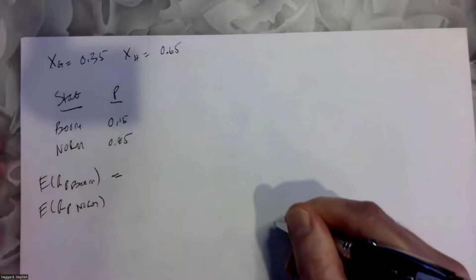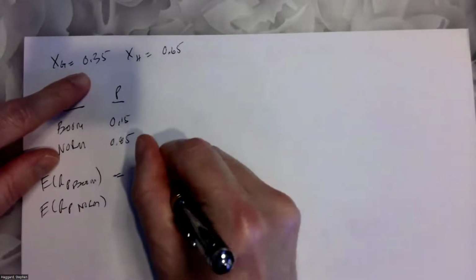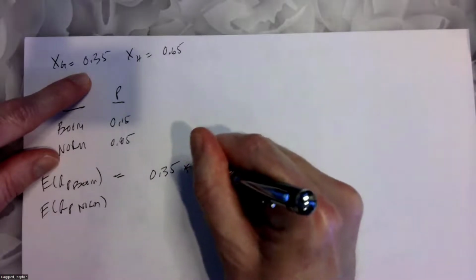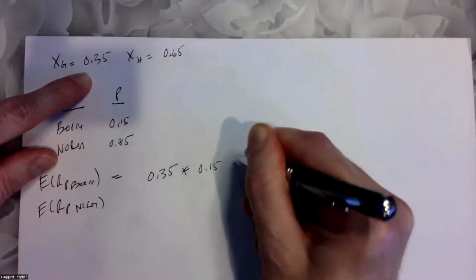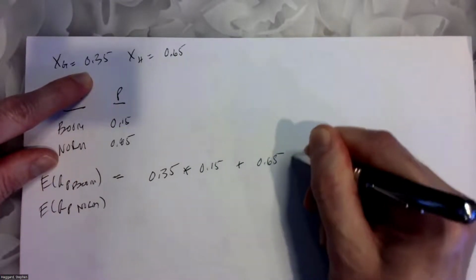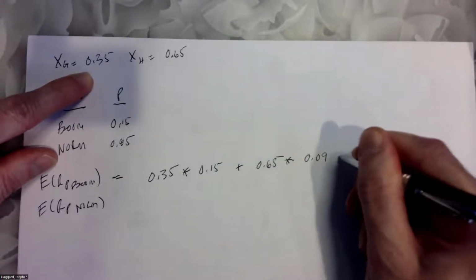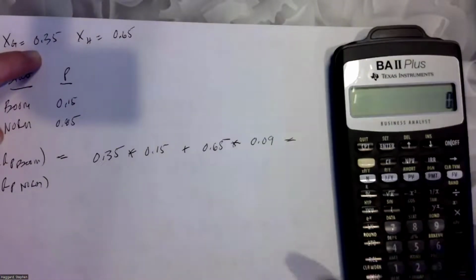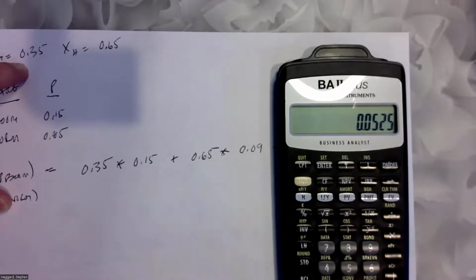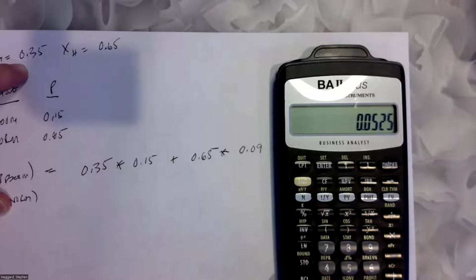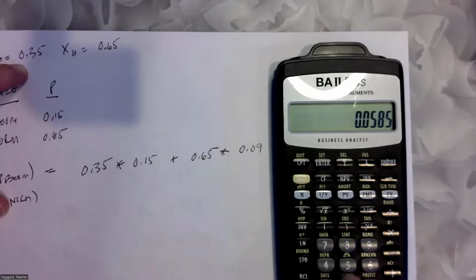So the way I'm going to go about this is 0.35 times the return on stock G, which is 15% in boom time, so 0.15, plus 0.65, the weight on H, times the return on H, assuming a boom occurs, which is 0.09. 0.35 times 0.15 equals 0.0525, store 1. 0.65 times 0.09, store 2.